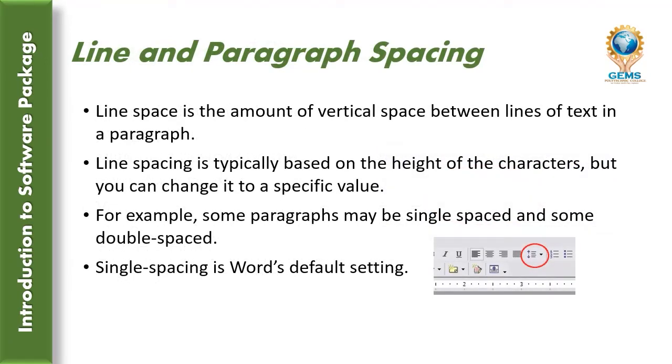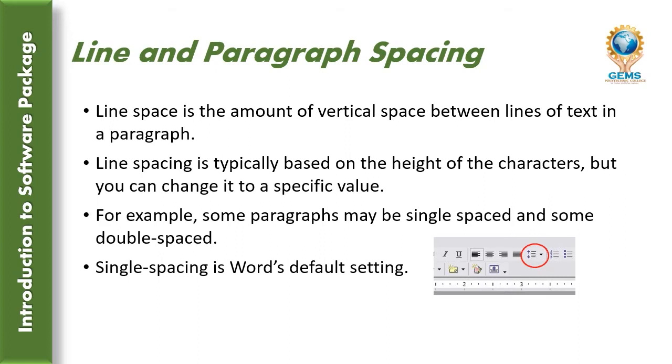So line and paragraph spacing: first we will see line spacing. The line space is the amount of vertical space between lines of text in a paragraph. It is typically based on the height of the characters, but you can change it to a specific value.